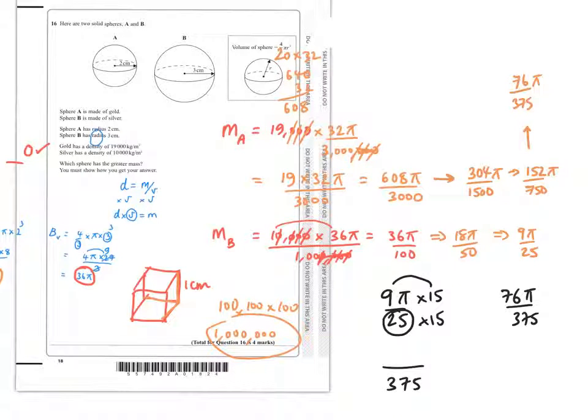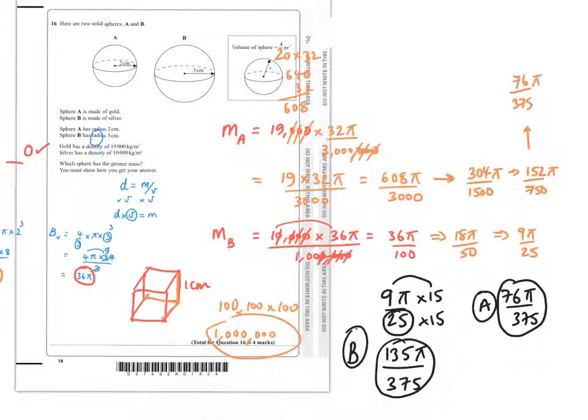And what's 9 15s? It's 90 and 45, which is 135 pi. So this was for B, and this one was for A. So can you see that B is going to have a greater mass because it's got 135 375ths of pi, whereas A only had 76 pi over 375. So I would say sphere B.